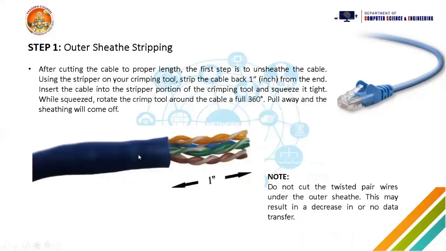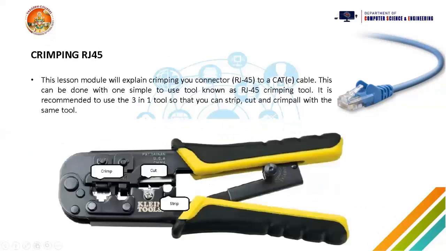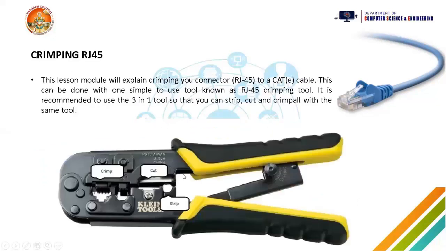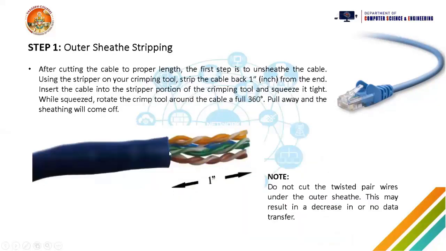Next, when you're taking the twisted pair cable, how do we strip it? First, we need to use the crimper tool and cut the upper part of the wire very slightly, making sure that we are not damaging the cables. After cutting it, we have to keep it in this stripper part and rotate it for a complete 360 degrees.